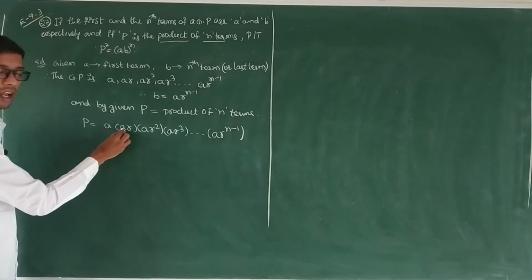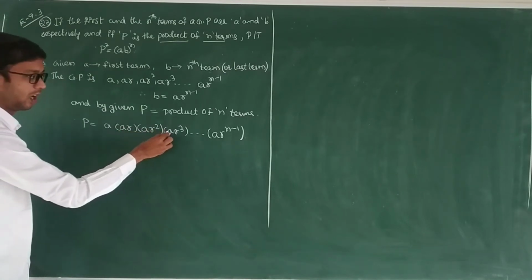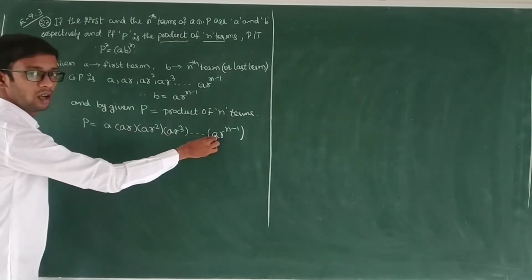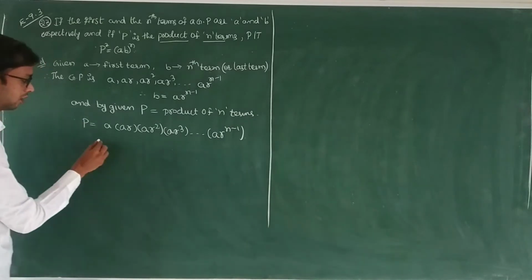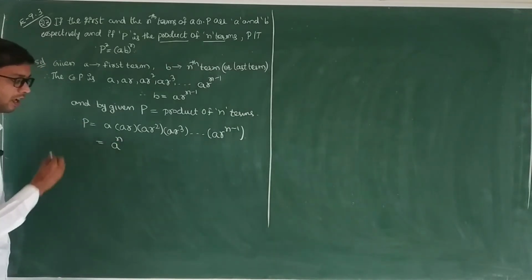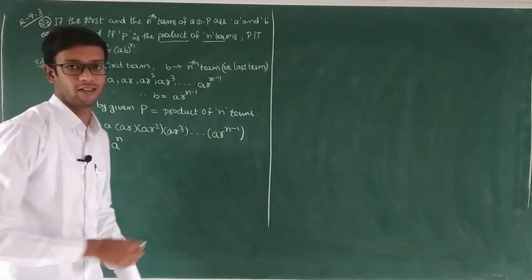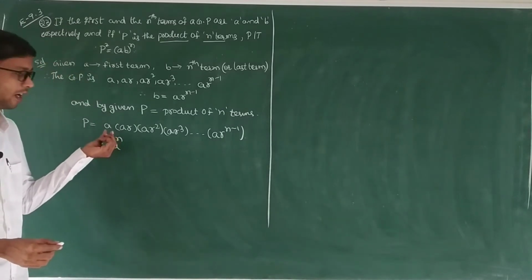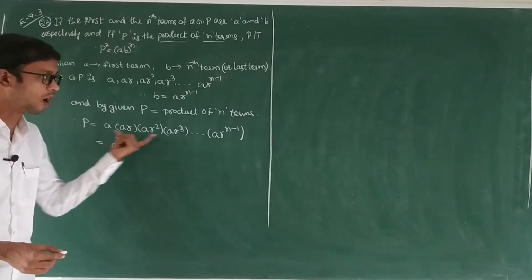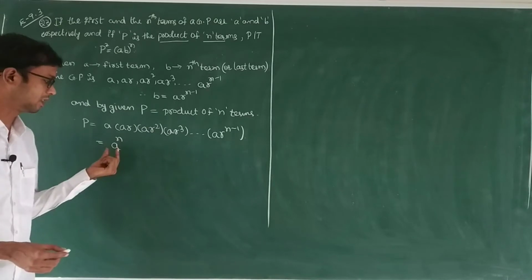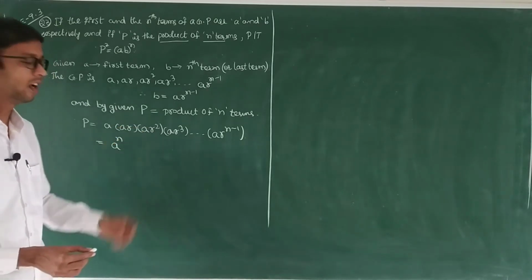These are the n terms, product. So A into A, A square, A power 3, A power 4, and so on up to n. So A power n is there. N A's are there. 2 A's, A square. 3 A's, A cube. So how many terms are there? N terms. So n A's, A power n.